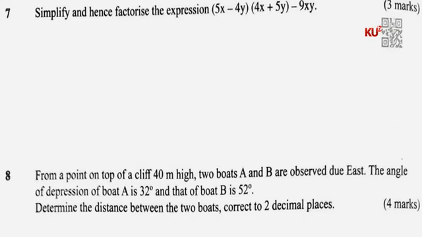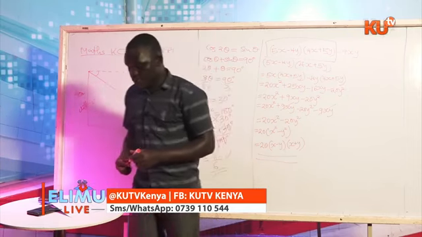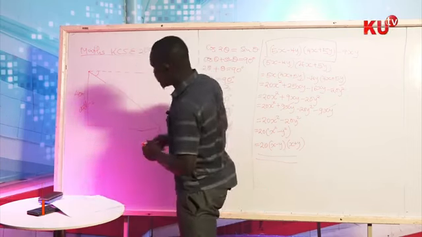Then they say that we have two boats here, boat A and boat B. Now, the angle of depression for boat A is 32 degrees, meaning when I'm at the top of my cliff, they are talking about this angle. If this is where my boat A is, the angle of depression for boat A is 32 degrees.